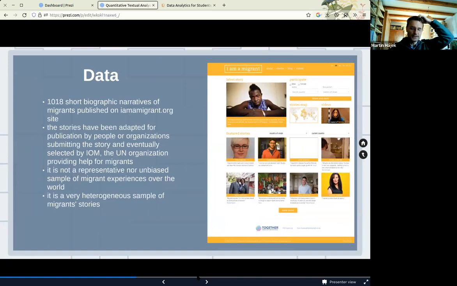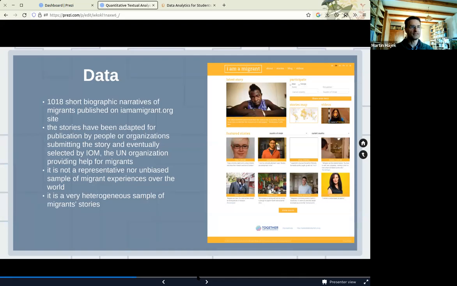What we can bear in mind is that these stories are not authentic stories submitted by migrants themselves, like exact transcripts of their narrations. They were adapted for publication. They were edited.